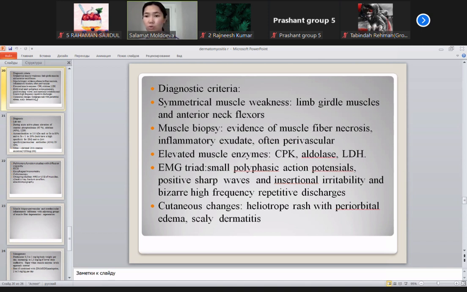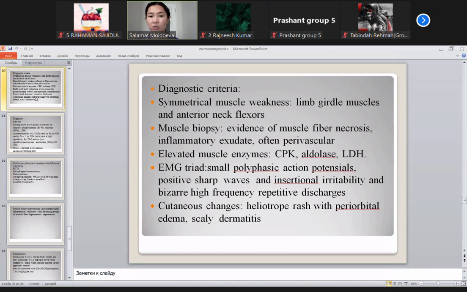All first four criteria will be positive only for classical dermatomyositis or polymyositis, where symptoms of skin changes are absent. And the final fifth is about skin change, cutaneous findings. There will be heliotrope rash, big symptoms of skin change, and scaly dermatitis.